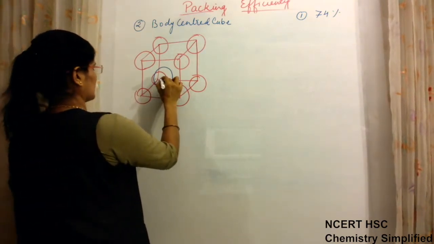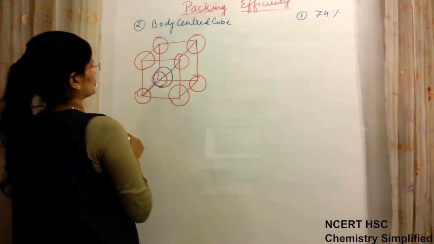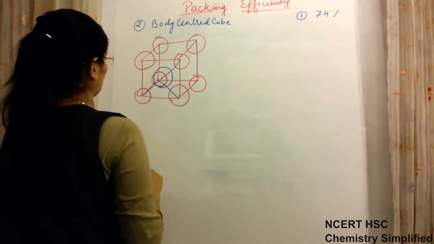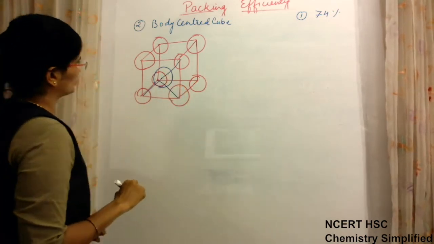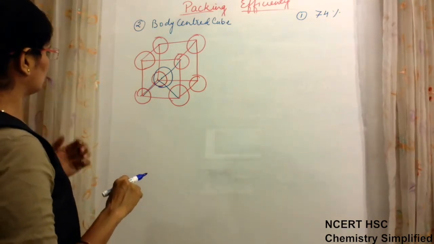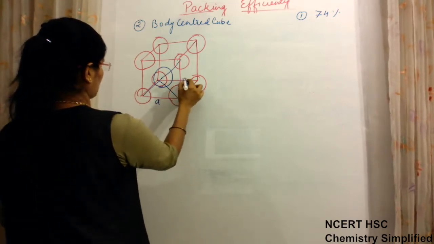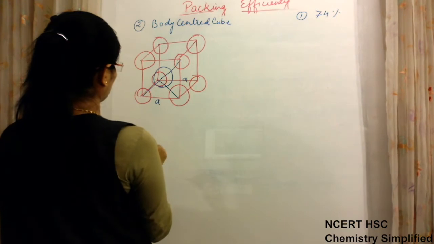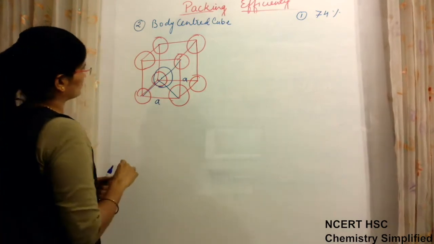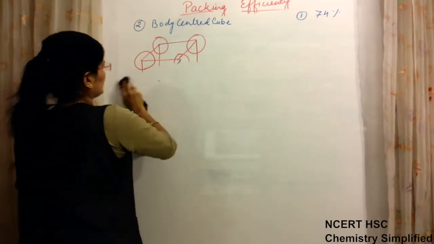Now let us just join it. This is A, this is A in a triangle. Something is missing. Wait a minute, let me draw it again.